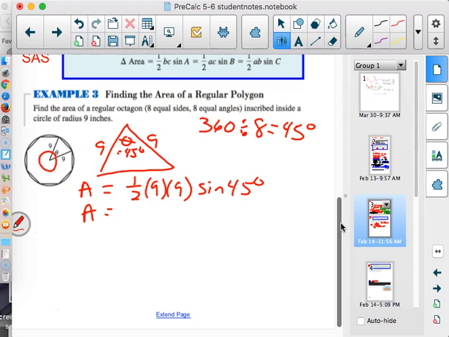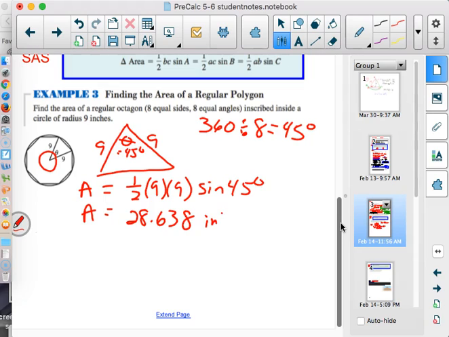Punch it in again. And again, we do know the sine of 45 degrees exactly, so if we really wanted to, we wouldn't have to punch in the sine of 45 degrees. Gives us that. And did we know units here?